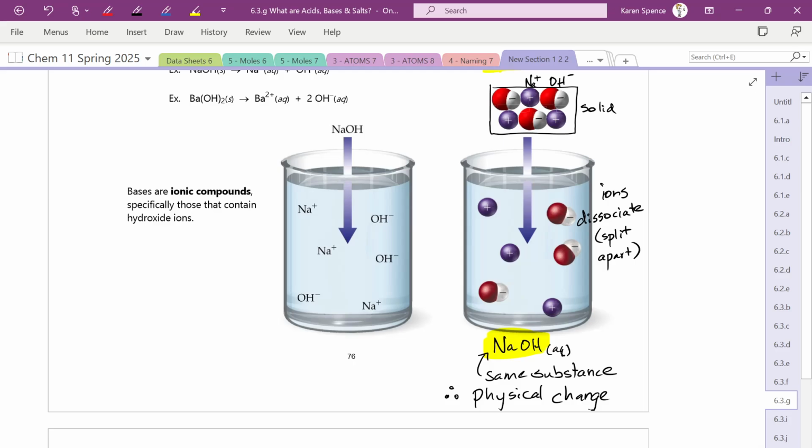So in essence, bases are just ionic compounds, but the anion is always hydroxide. Okay, and it is the OH minus ion that makes bases taste bitter.